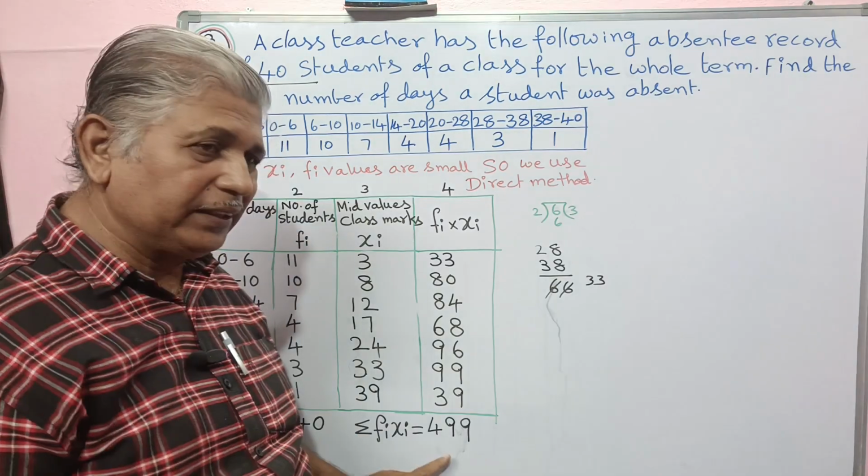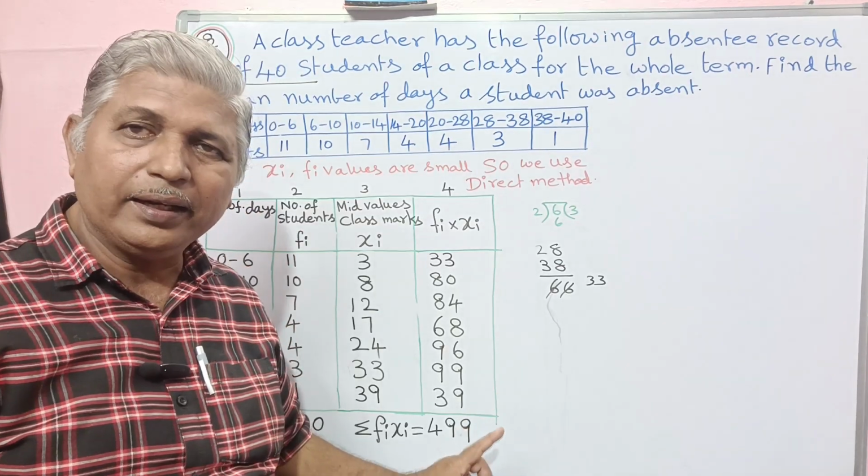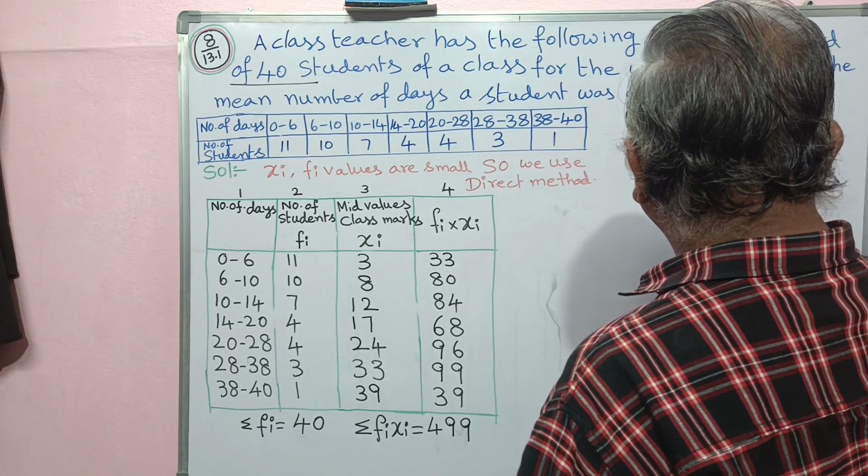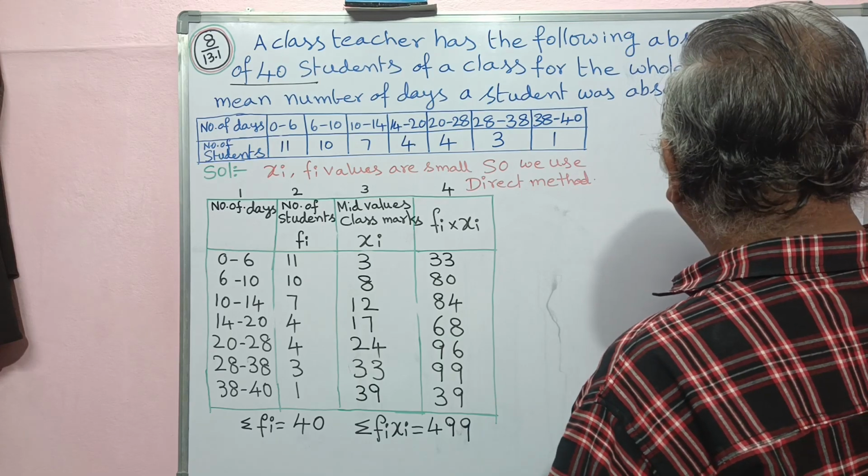Sigma fi xi is equal to 499. Sigma fi is equal to 40.